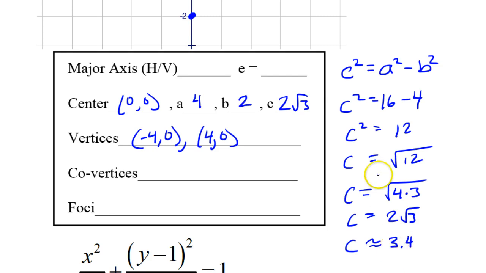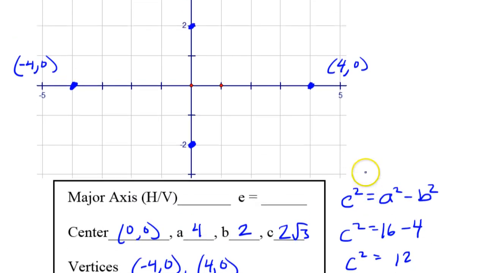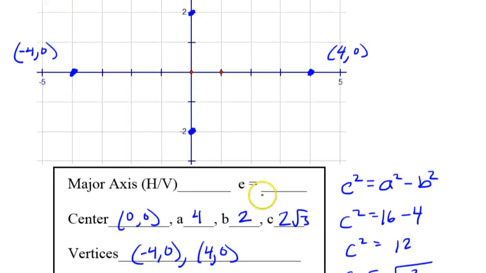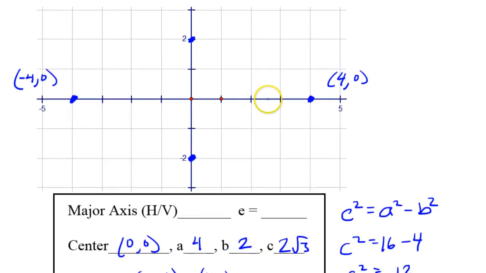This helps us graph the foci, which will always go on the major axis, which is the long way from vertex to vertex. So I will go, what did I say, 3.4? 3.4 to the right, which would be right about here, and I will go 3.4 to the left, which is right about here. So those are my foci.